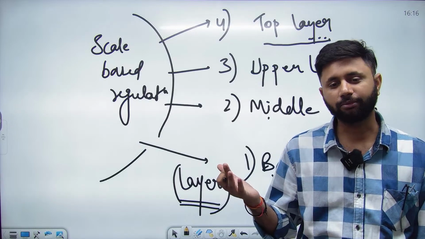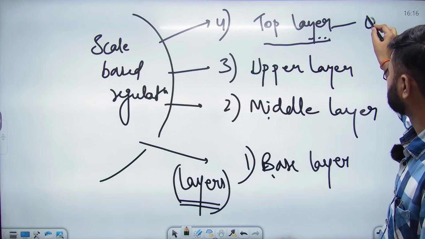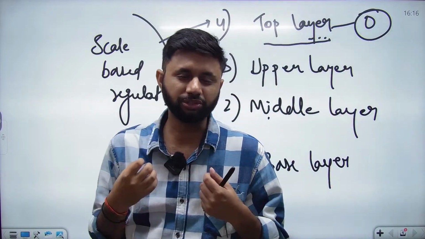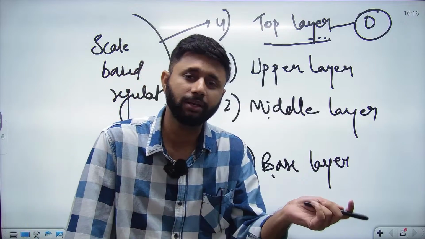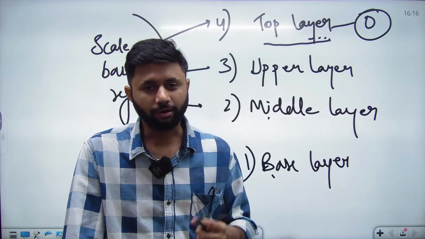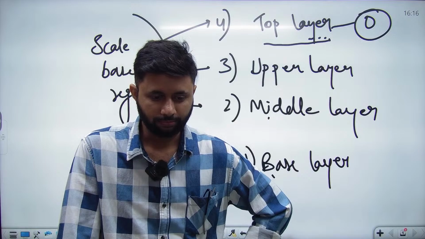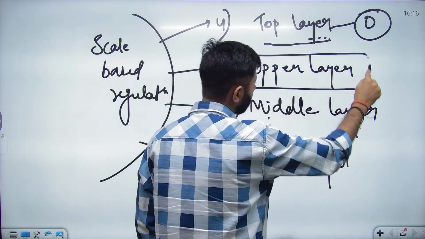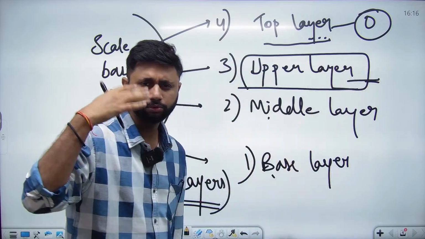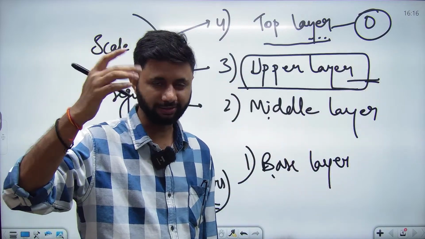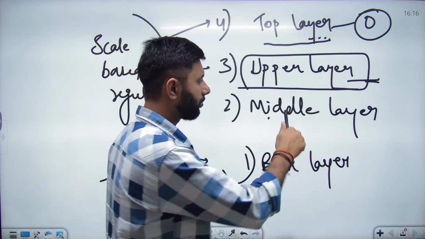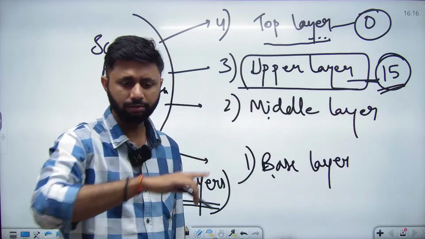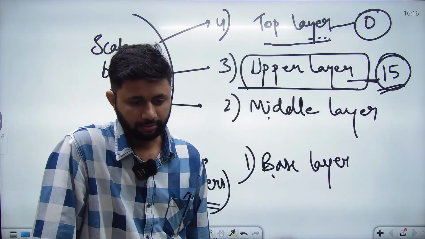Ideally, Reserve Bank of India says there should be 0, because we do not want any NBFC to become so systemically important that it impacts the whole financial as well as the economic system. So all the top-notch NBFCs with huge amounts of assets will probably be in the upper layer. How many NBFCs are in the upper layer? As of now, 15. Correct.